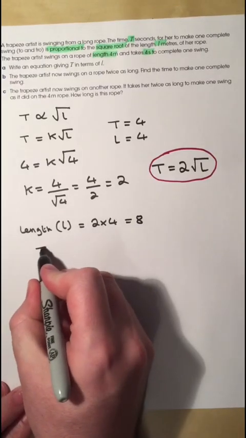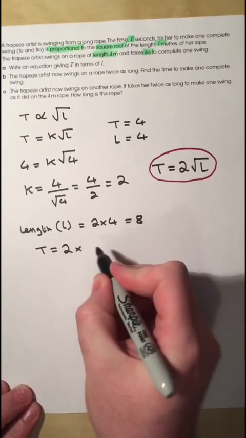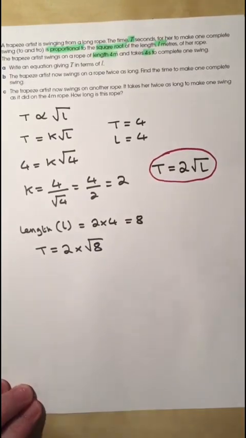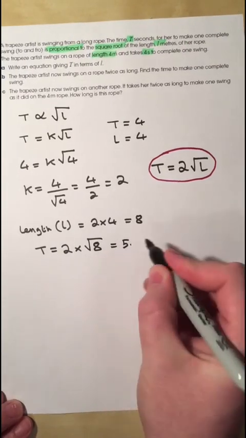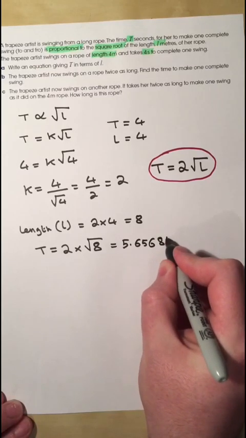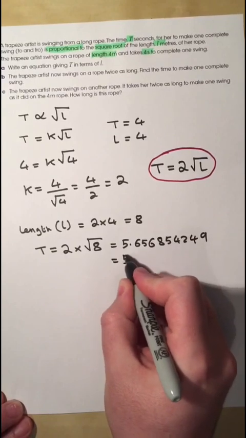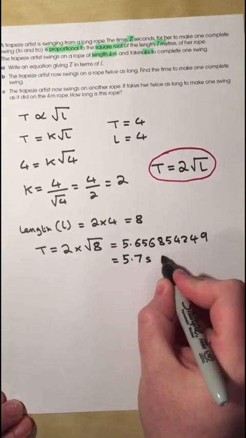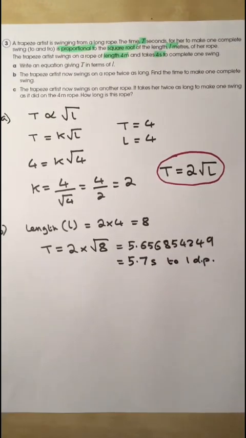So our time, t, equals, using this equation here, 2 times the square root of 8, equals 5.6585429. Just write everything down the calculator, and if you want to round it, 5.7 seconds to 1 dp, one decimal place.